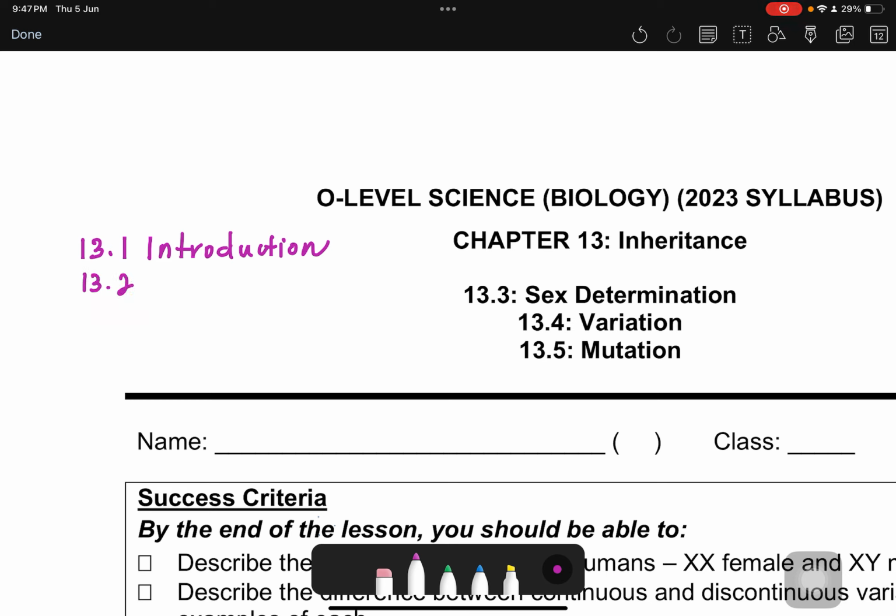As we tackle how genetics is being passed down from one generation to another generation, we use genetic diagrams and Punnett squares to showcase the probability of offspring getting a particular kind of characteristic based on the dominant and recessive alleles in place.